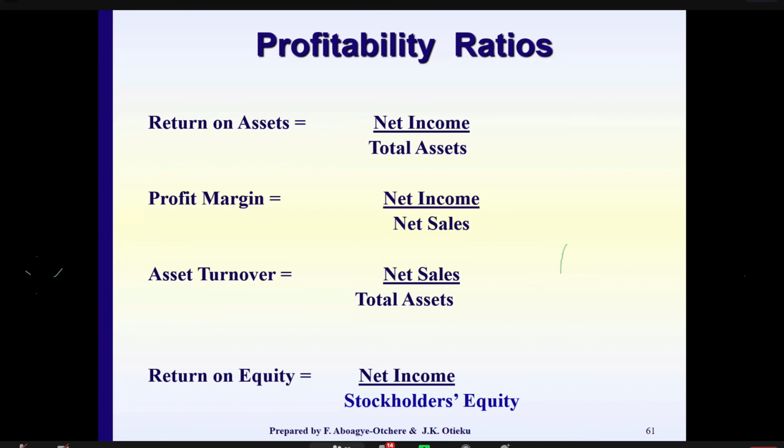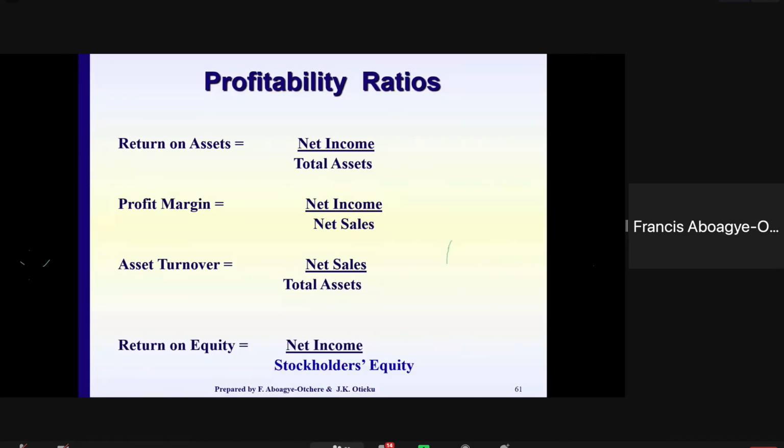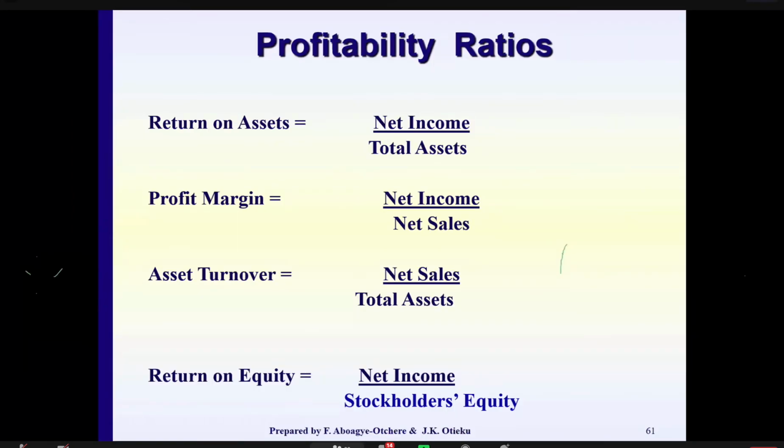If that is our definition, then return on assets could be net income over liabilities plus owner's equity. But as I explained, the profit after tax goes to the equity holders. So it will be a mismatch if you use total assets and you're looking at profits attributable to equity holders.